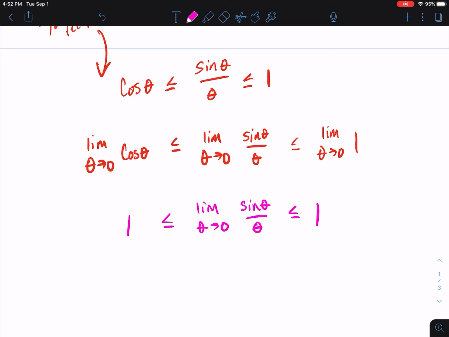And so what happens here is I have this scenario where I know that I have an area bigger and I have an area smaller. And so my area here is sandwiched between these other areas. And if those areas are both 1, and we know it must be between that, then it has to also be 1. They must all equal each other.